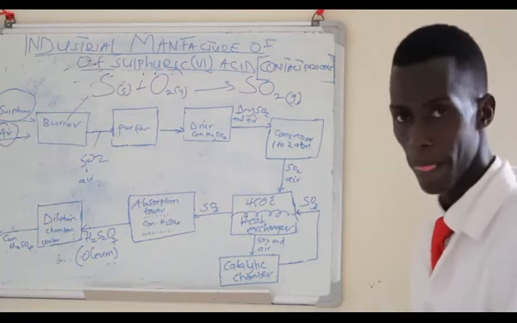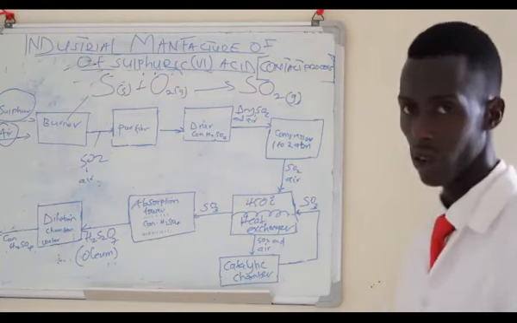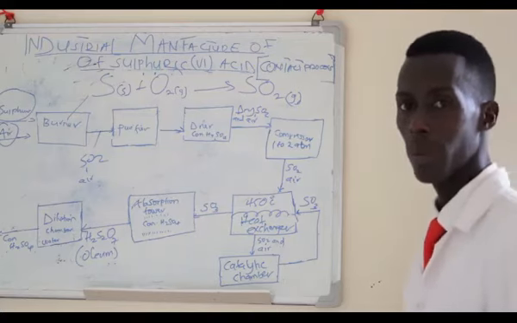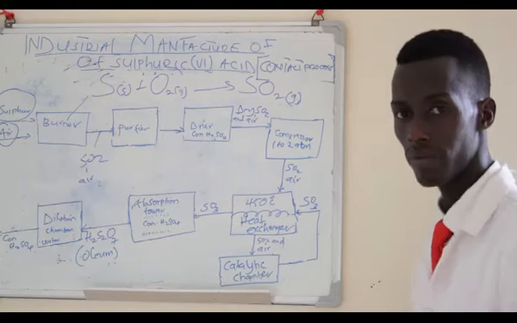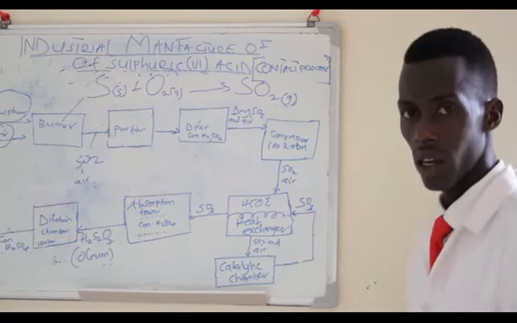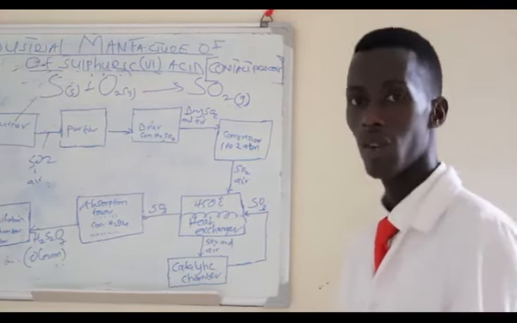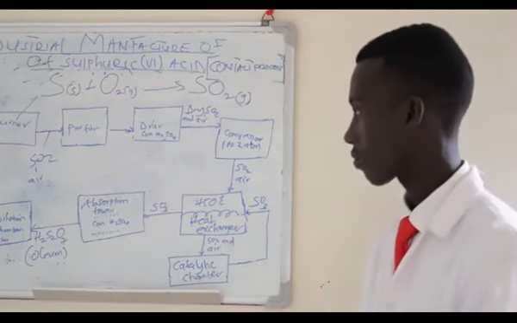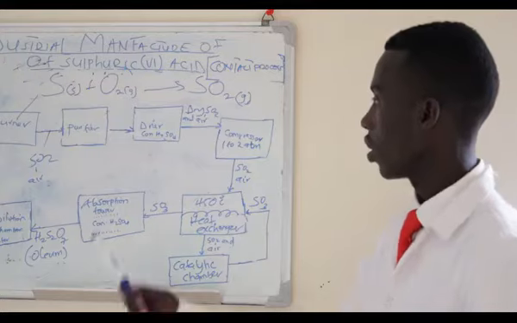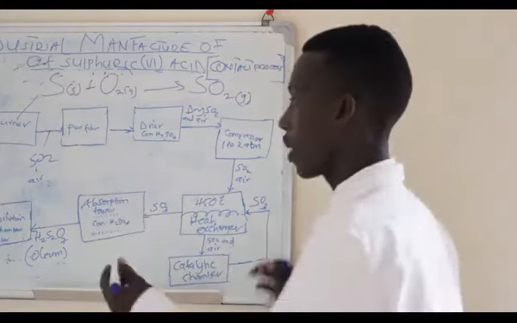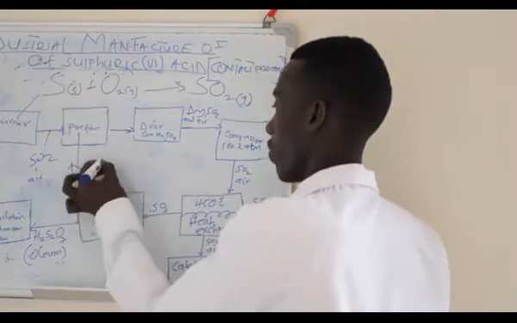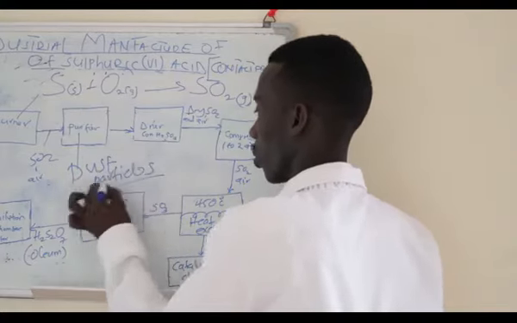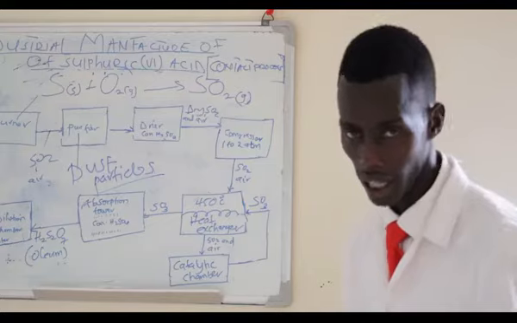We are going to see the catalyst that is being used in this process. When the impurities are not removed, this catalyst can be poisoned. So in the purifier we are removing dust particles, which are the impurities that would poison the catalyst.